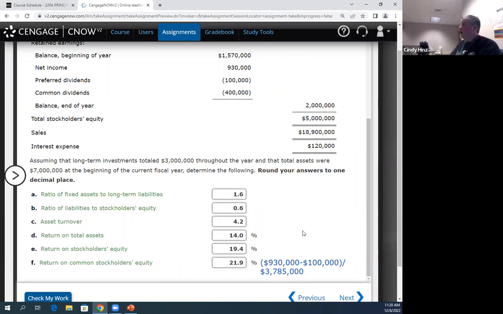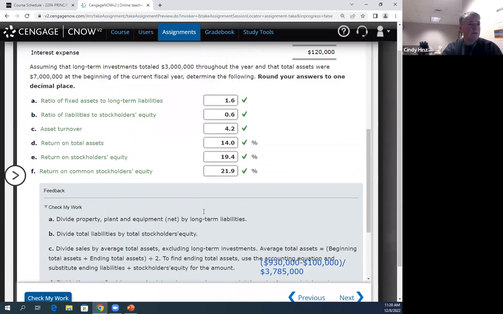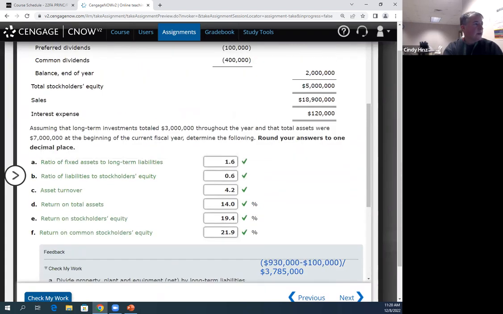So if the return on all equity is 19.4, but the return on common stockholders' equity is higher than that, that tells us, of course, that the preferred stock returns must be lower than that. Right. So we can't really do any comparisons. We can't draw a lot of conclusions in this exercise.